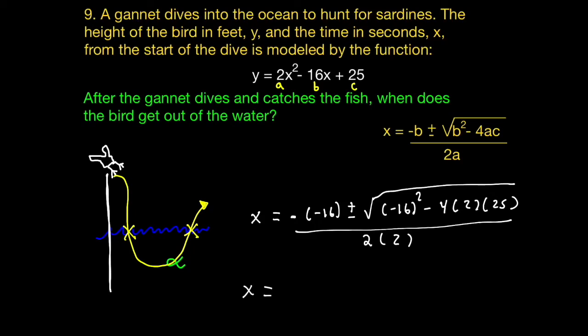Okay, this is going to simplify into, here we have negative, negative, so that makes a positive 16, plus or minus the square root of -16 squared. So that's going to be 256. And then we're going to subtract 4 multiplied by 2 is 8. And then 8 multiplied by 25 is going to be 200.